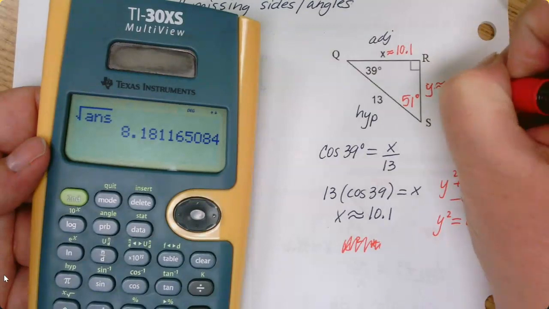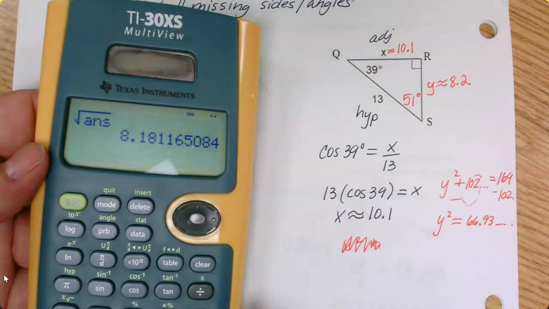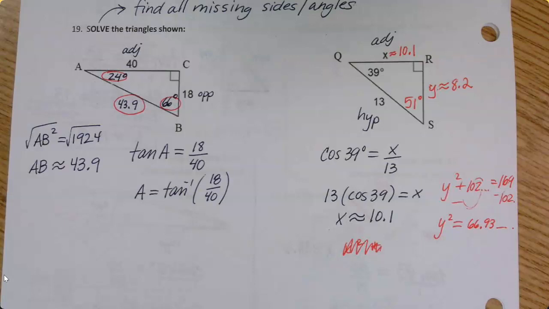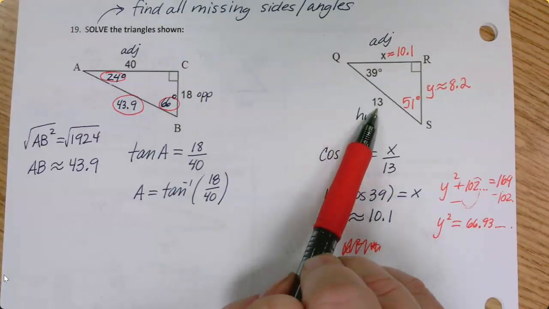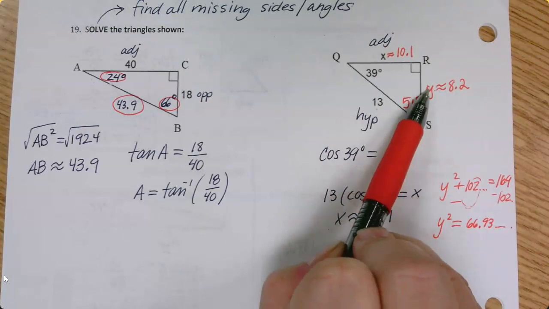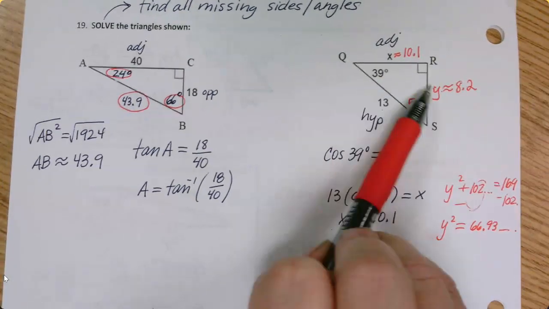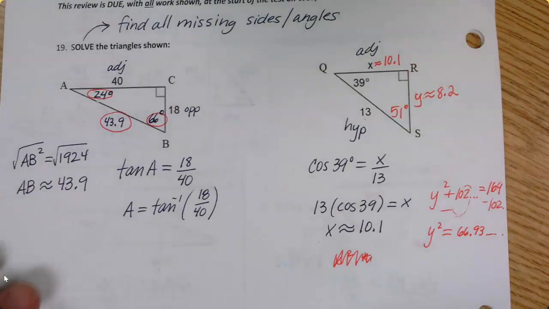That is probably just as accurate as you would be if you did it what I would consider the most accurate way, which would probably be to continue using 39 and 13 and say, okay, here's the opposite, here's the hypotenuse, I'm going to use sine. So let's do that real quick.